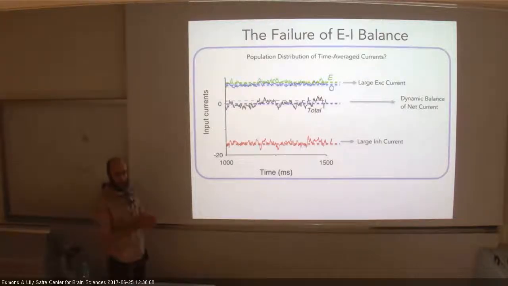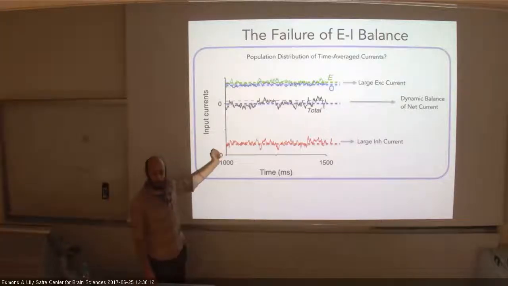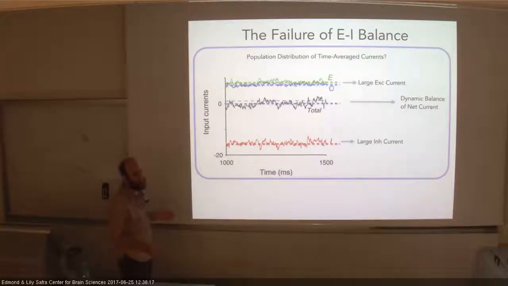Now, in the original homogeneous network, that single trace might represent a single neuron, and the dotted line could represent the time average, and it would be roughly identical for all the neurons in the network. So we could write a single equation that represented the whole population.